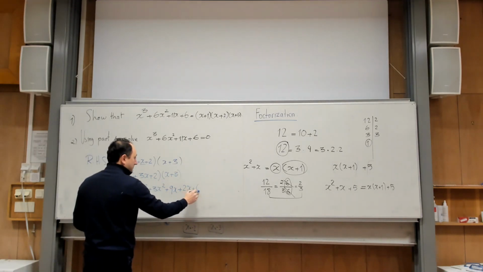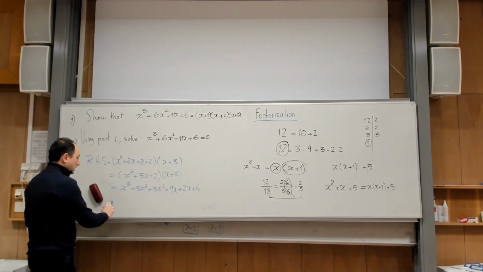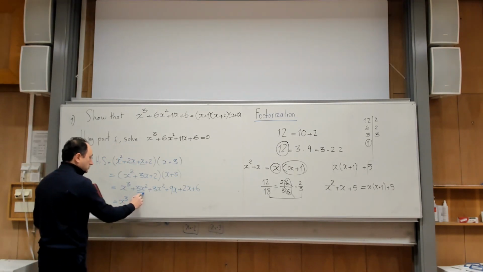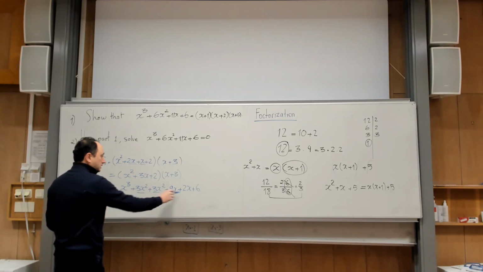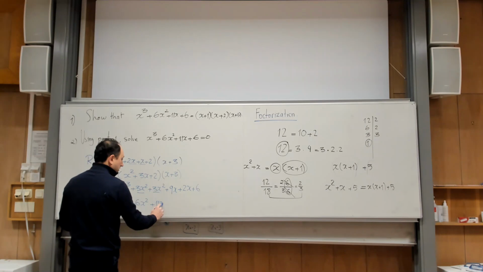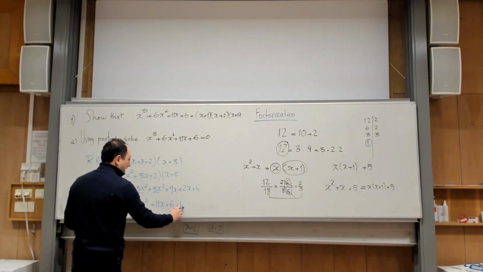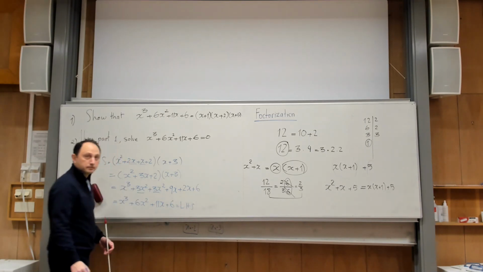And 6. Then I simplify. X cubed, these terms are similar, so it becomes 6x squared. And then it becomes 11x, and then plus 6, and that is exactly equal to the left-hand side.